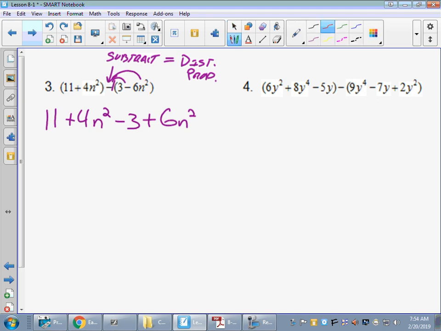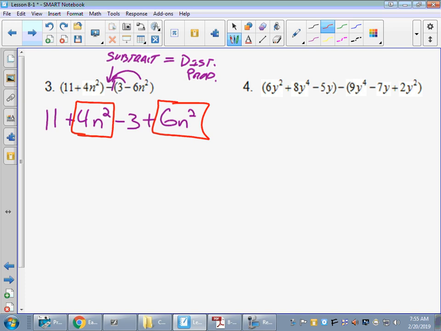Do I have anything with the same variable? I sure do. Same variable and same exponent, n squared and n squared. So I can take a look at those and add those up. I'm doing it in that order because that's the highest degree anyways, so let's do that one first. So I've got a positive 4n squared and a positive 6n squared.